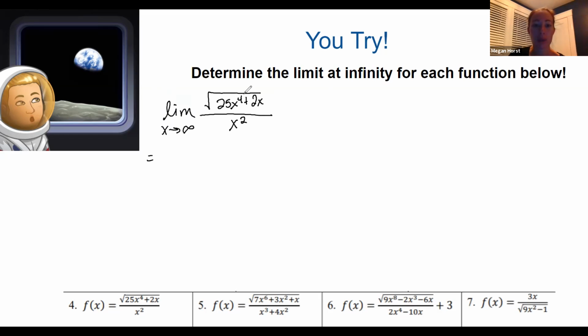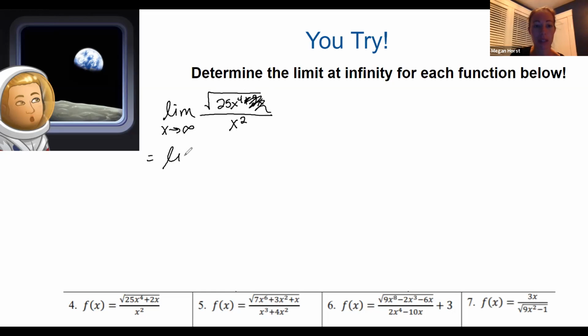Just as a reminder, we're only looking at those leading coefficients. So I'm going to cancel this out. And again, the only reason we can do that is because x is going to infinity. If x is going to a constant value like 5, 7, any numerical value that is not infinity, we cannot arbitrarily cancel out terms. This only works because, at infinity, x to the 4th is so much larger than 2x.